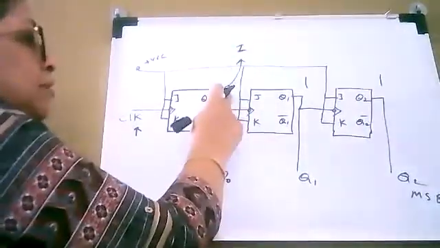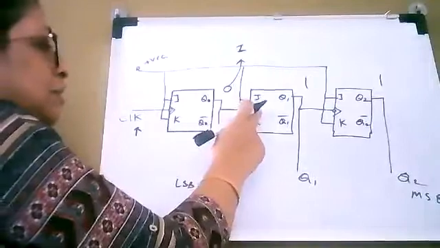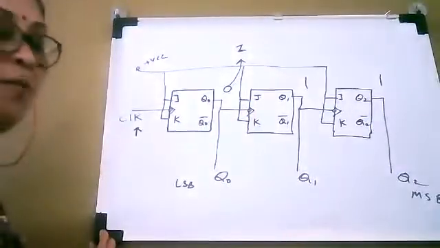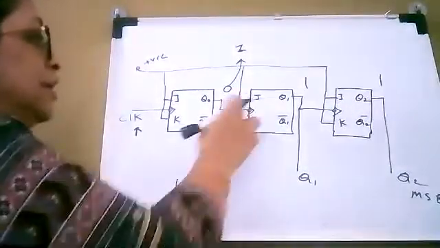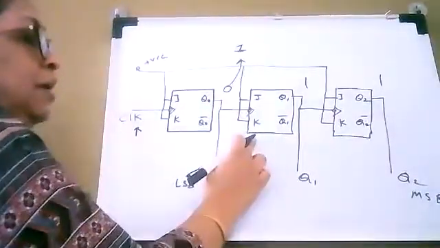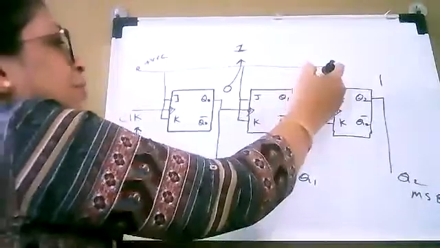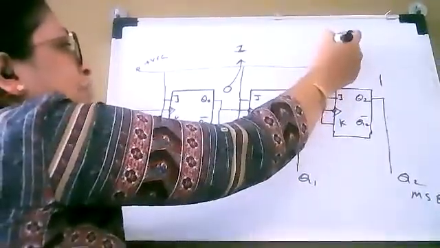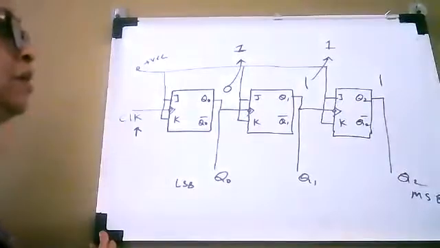As this output transition is applied to the clock of flip-flop number 2, it is experiencing a 0 to 1 transition, so it will not be triggered, and therefore the output state of flip-flop number 2 will remain the same, which is equal to 1.